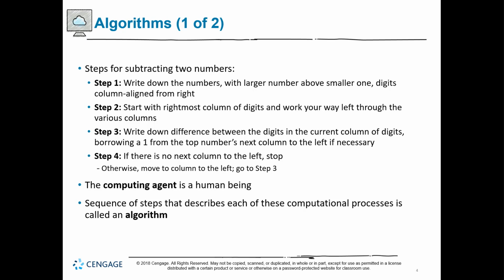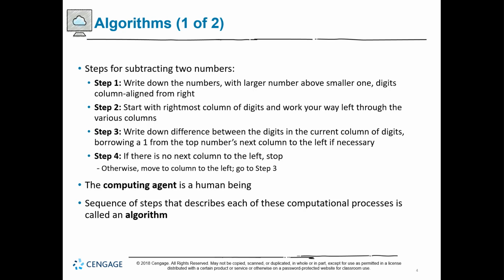Step 2, start with the rightmost column of digits and work your way left through the various columns. Step 3, write down the difference between the digits of the current column, borrowing a 1 from the top number if necessary. Step 4, if there is no next column to the left, stop. Otherwise, move to the column to the left and go to step 3 and repeat.